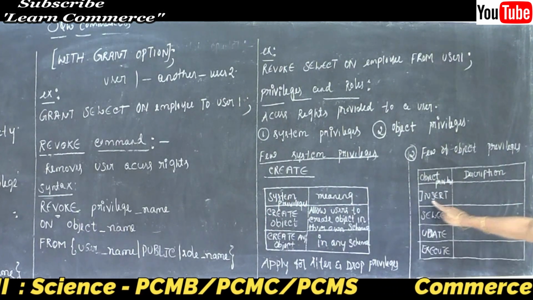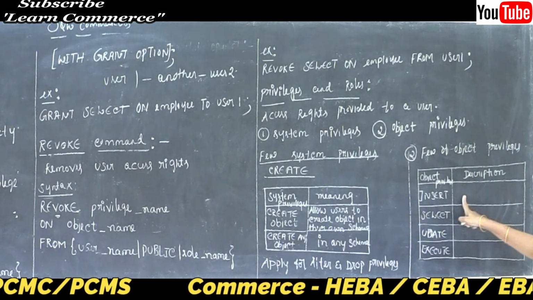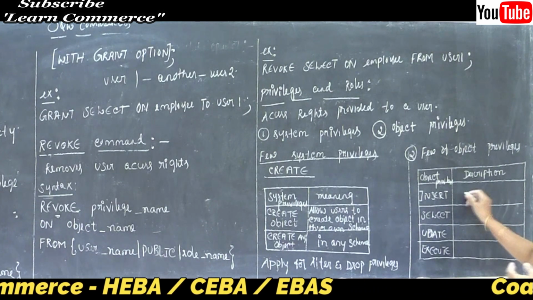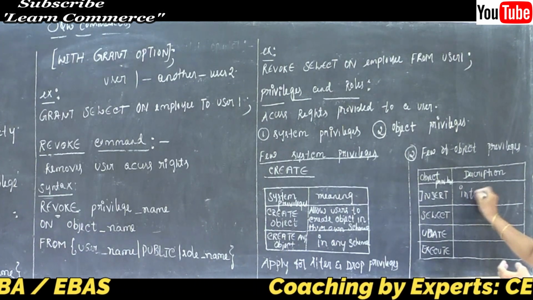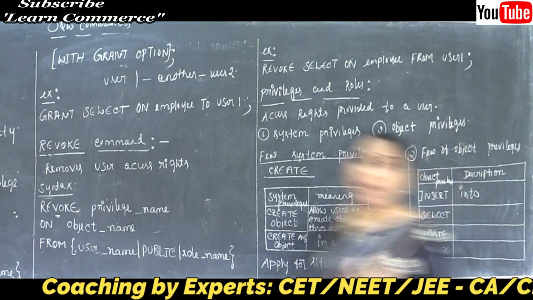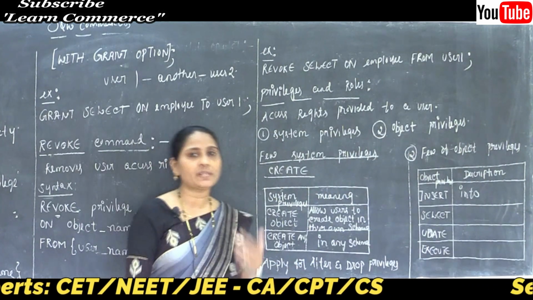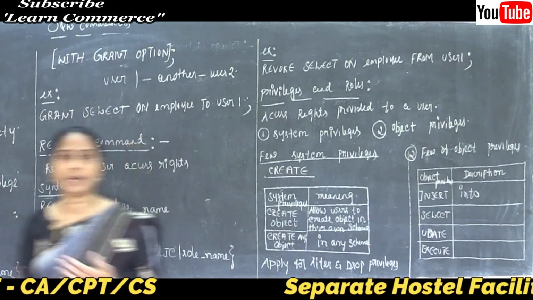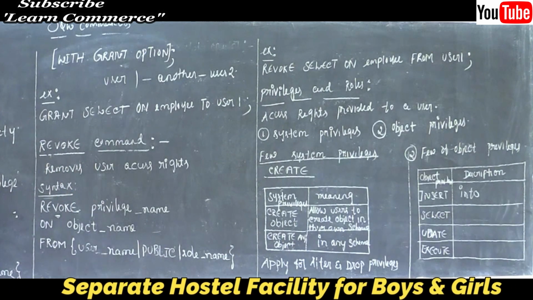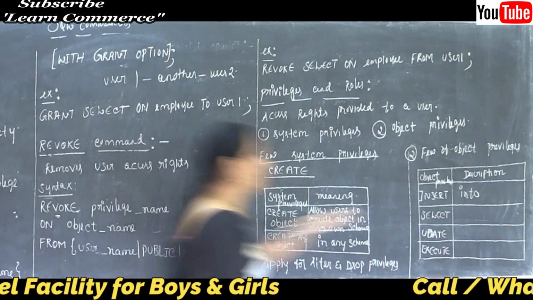So the first thing, insert: allowing the user to insert data into the table. That means we perform some operation by using a command like our insert. So it allows the user to insert data into a table.